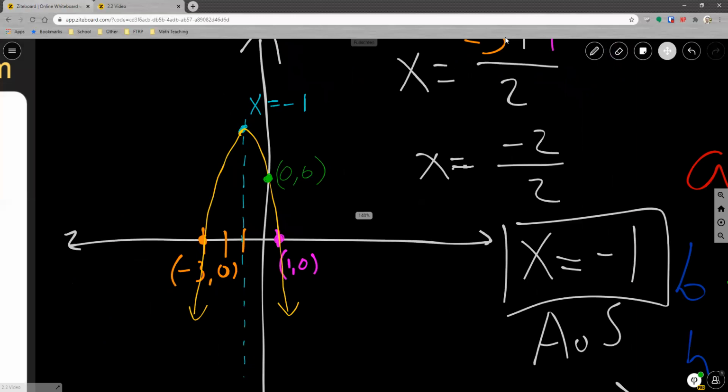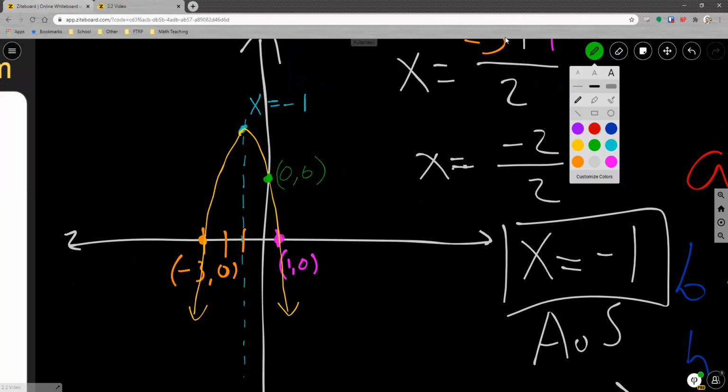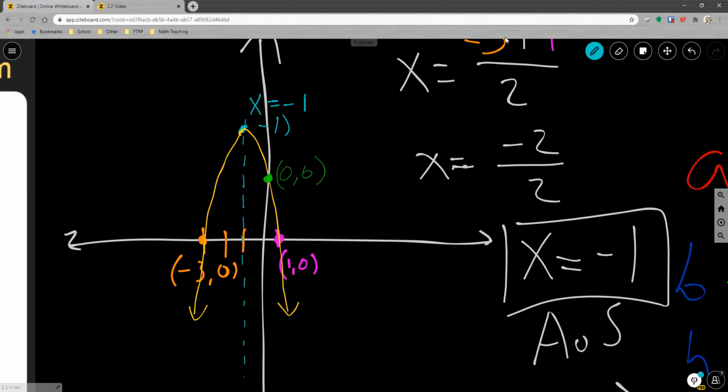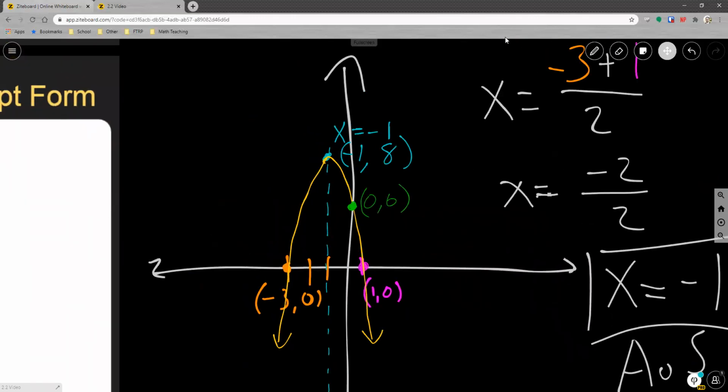All right. Oh, and I should have labeled my vertex. My vertex is (-1, 8). So I've got all the major points covered. I've got my x-intercepts, my y-intercept, which wasn't required on the problem. I've got my vertex, and my vertex gives me the axis of symmetry.